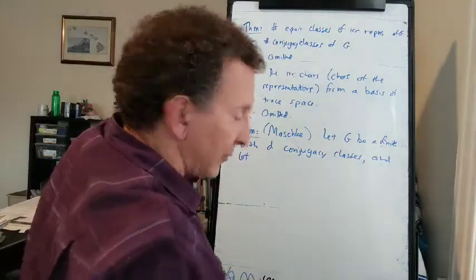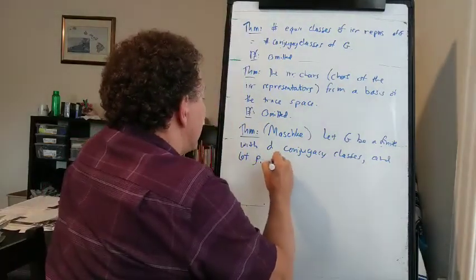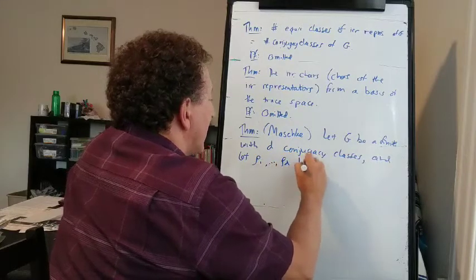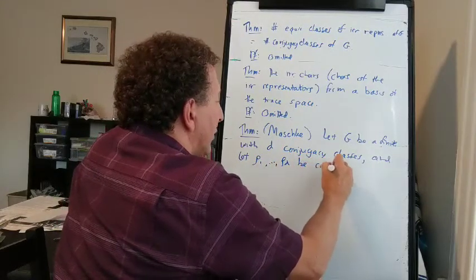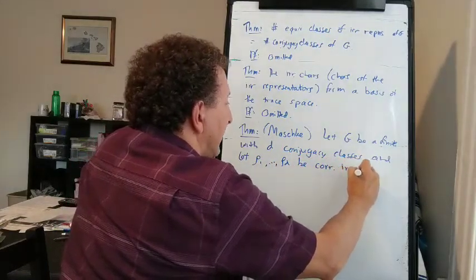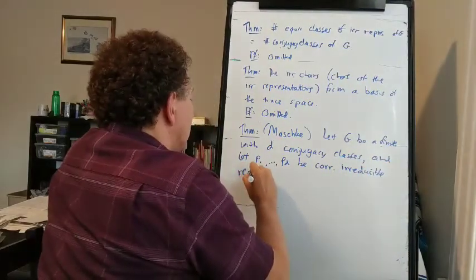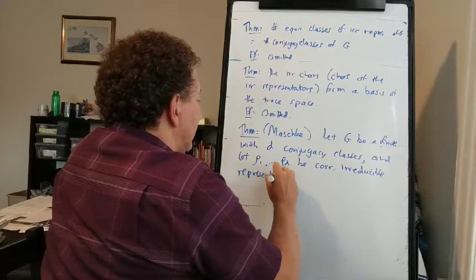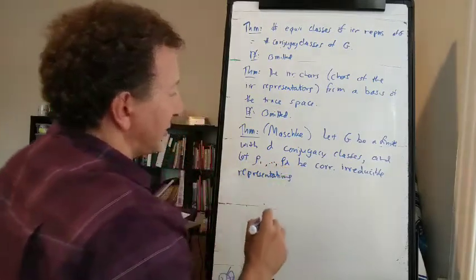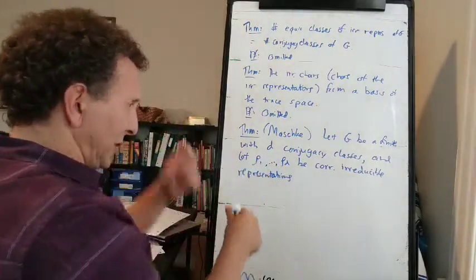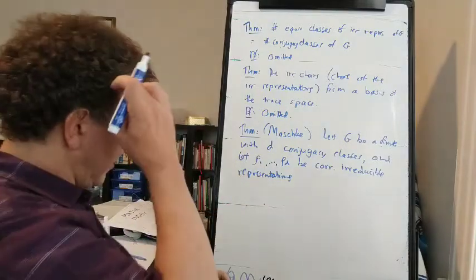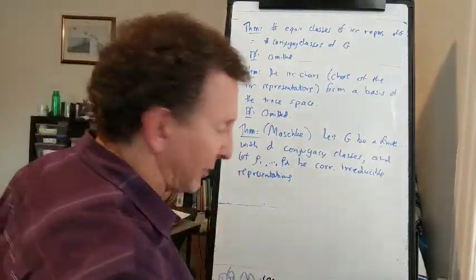and let's let row 1 through row D be the corresponding irreducible representations. I shouldn't say the because these are determined only up to equivalence, conjugating by an invertible matrix.